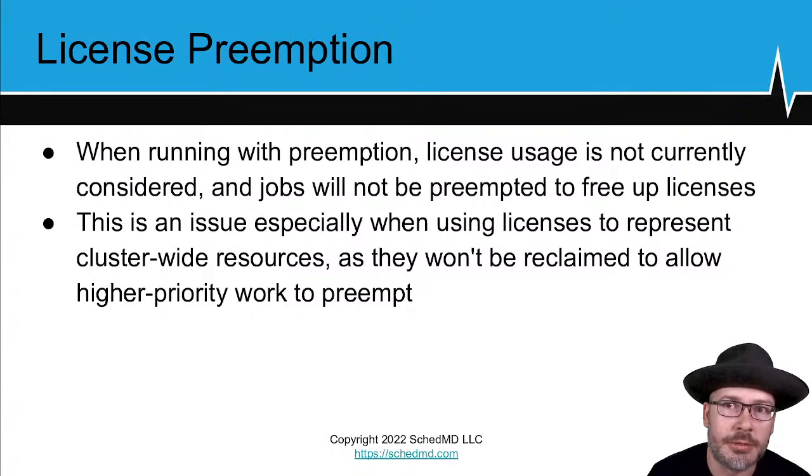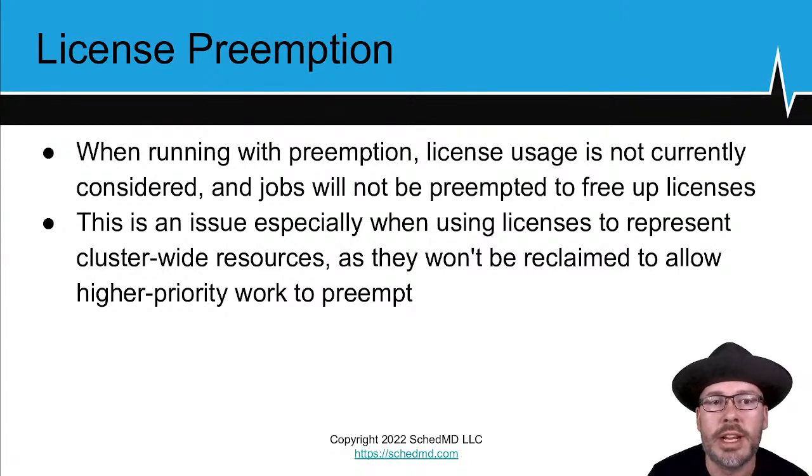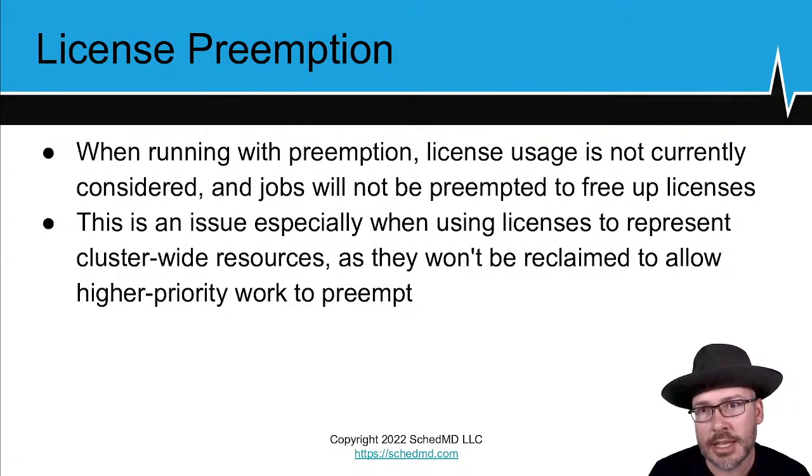In conjunction with some of that discussion around the idea of better backfill planning for licenses is the idea of preempting licenses. Currently in Slurm, you can't preempt to try and reclaim licenses from a job. So if you have a higher priority job that's blocked waiting on available licenses, it's going to be blocked.